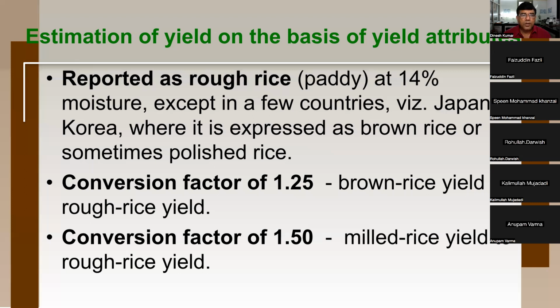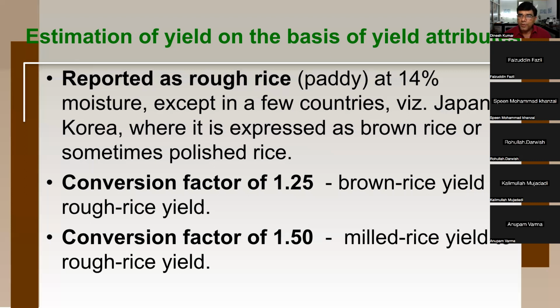Okay. So actually, there are two kinds of attributes. One is growth attributes, the other is yield attributes. Growth is converted into yield attributes, and yield attributes are converted into yield. So growth, yield attributes and yield have relations.